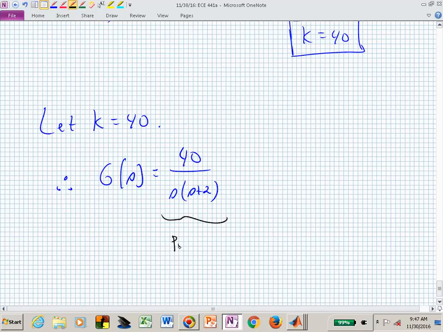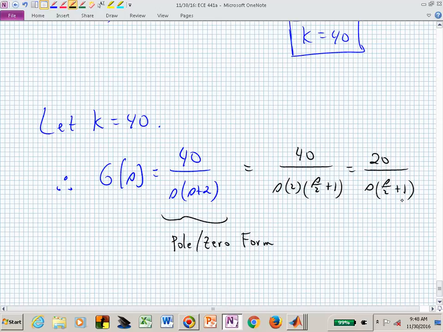And which structure would we like it to be in to sketch the Bode plot? We probably want it in the time constant form, which we can now have. We can now factor out that 2. And now we have our system with which we can sketch.